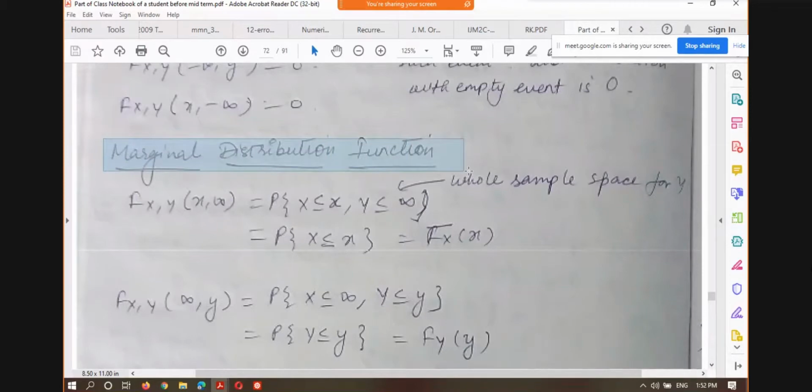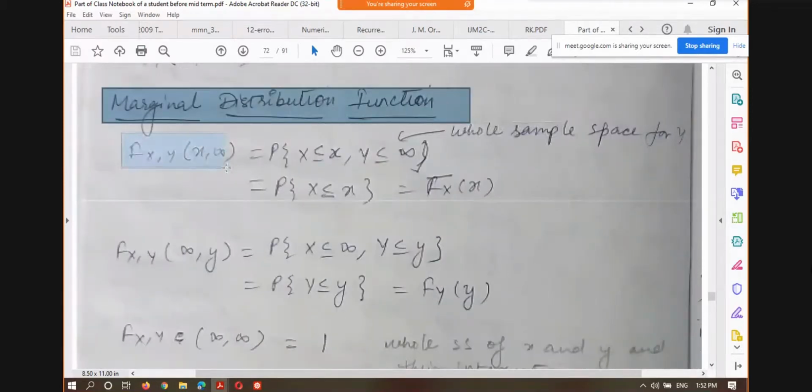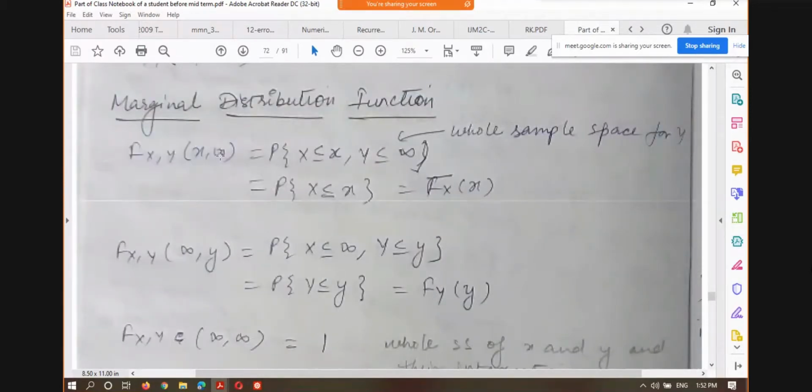So the marginal distribution functions are F_XY(x, plus infinity), that is the probability that X is less than or equal to x and Y is less than or equal to plus infinity. Y less than or equal to plus infinity gives you the whole sample space for y, and the whole sample space intersection with one event leaves the event remaining.